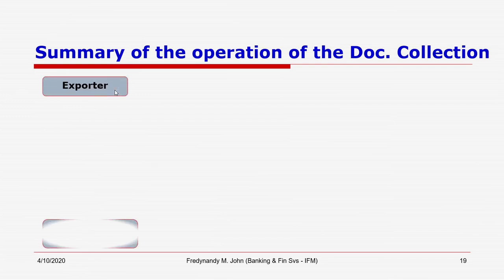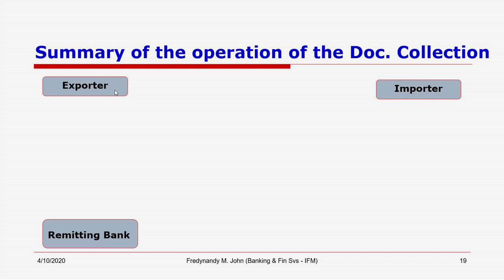As I have mentioned earlier, documentary collection has four parties. Number one is the exporter or the principal, and number two is the remitting bank. Remember, if the exporter is in China, then the remitting bank should be in China too. And it is the remitting bank that will take documents from the exporter and forward them to the importer through his bank, which is the collecting or presenting bank.